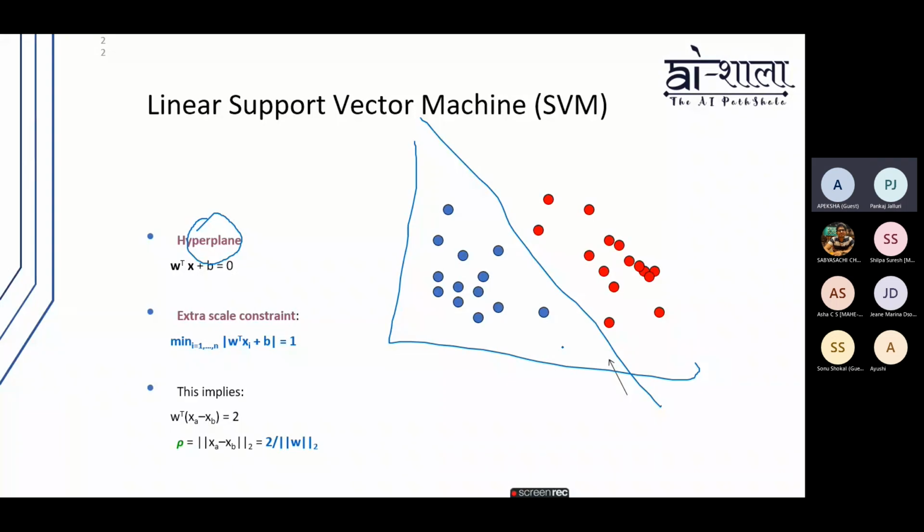In 2D, it's a line that separates these two. That's what a hyperplane is. When I'm talking about 3D, it's a 2D plane that separates these two sets of points. Suppose it's in 4D. As dimensions keep on increasing, you will find a hyperplane.